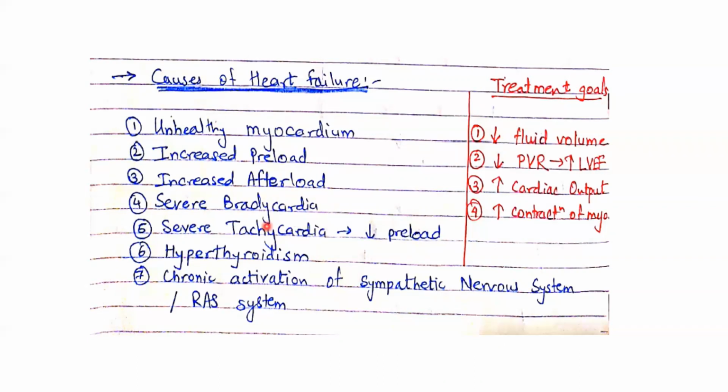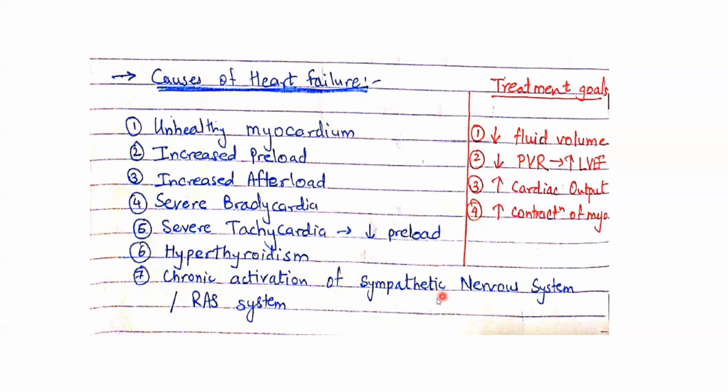Because now it is going in tachycardia, less preload, less ejection fraction, and your heart also will get tired. And that can lead to unhealthy myocardium. Okay, so this is a chain of events. And lastly, chronic activation of sympathetic nervous system, or RAS, that is renin angiotensin aldosterone system. So what does the sympathetic nervous system do? It is fight or flight, right?